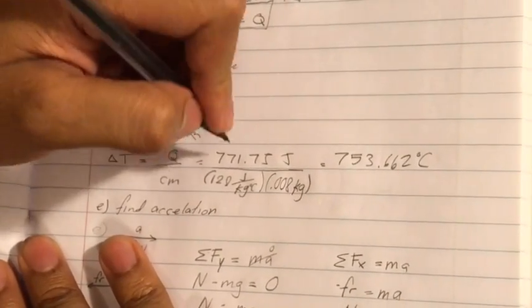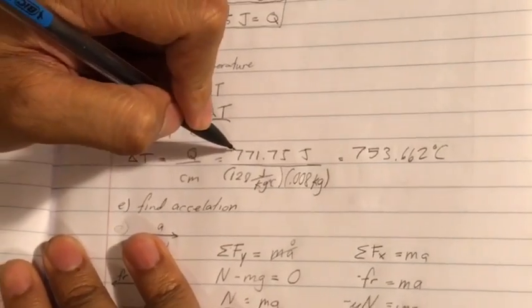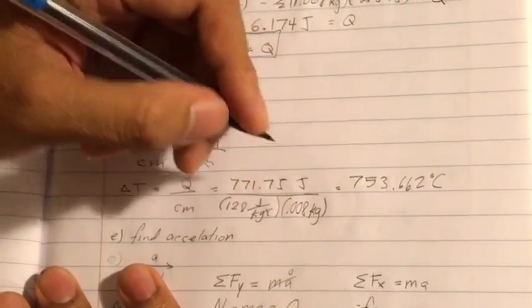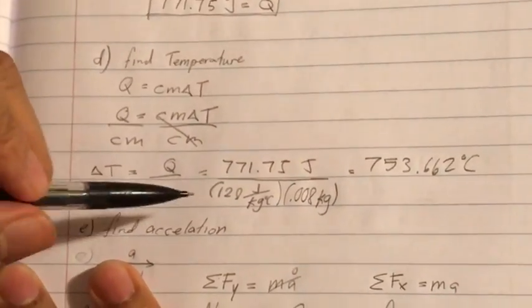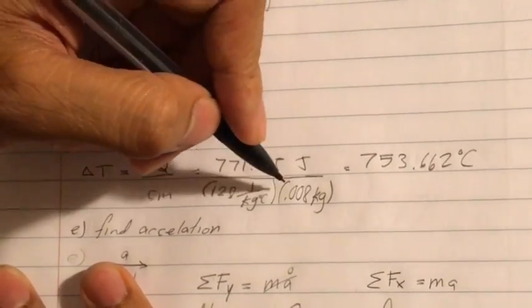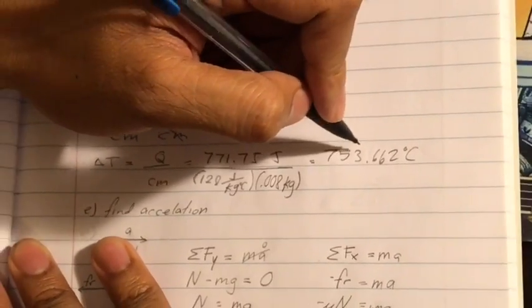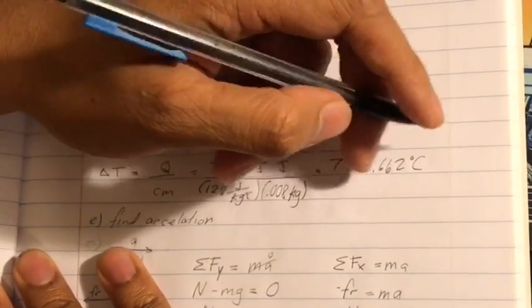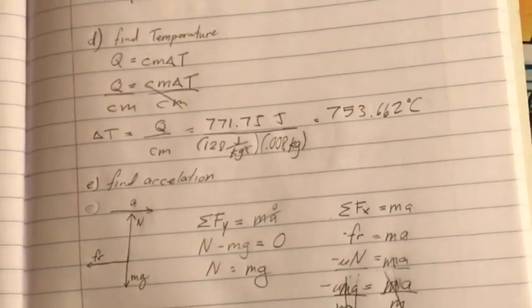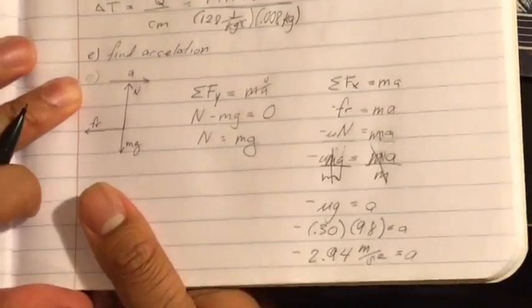Now we plug in the numbers, and our Q is 771.75 joules over 128 times 0.008, which gives us 753.662 Celsius.